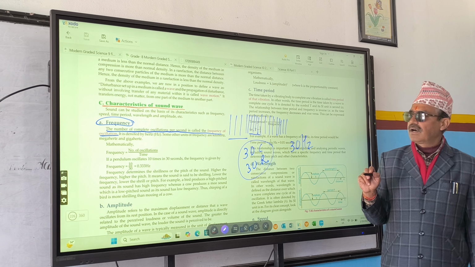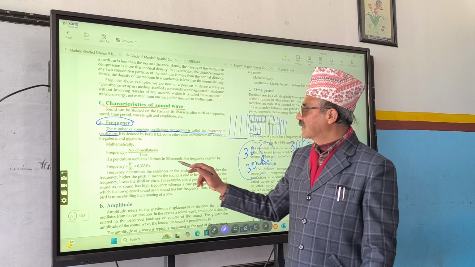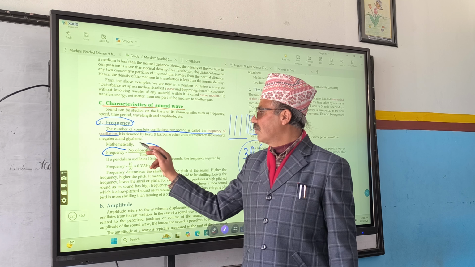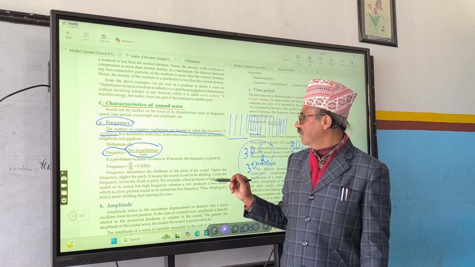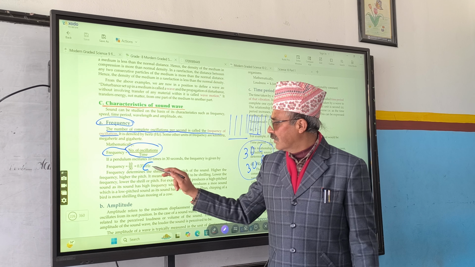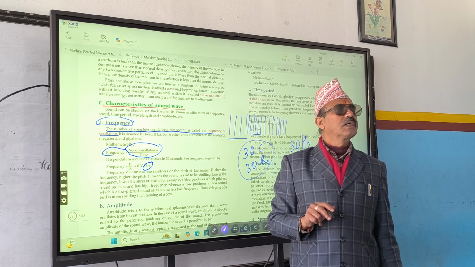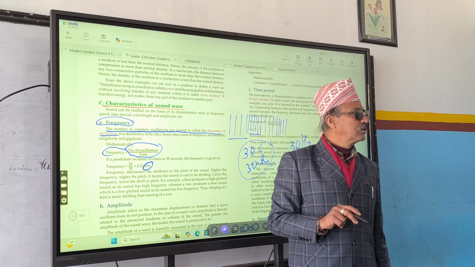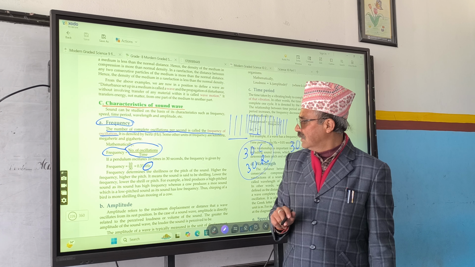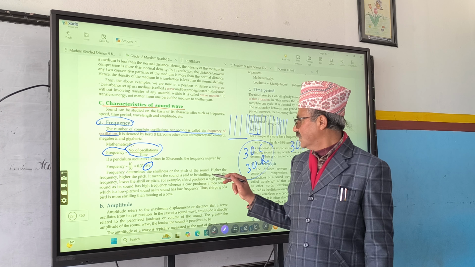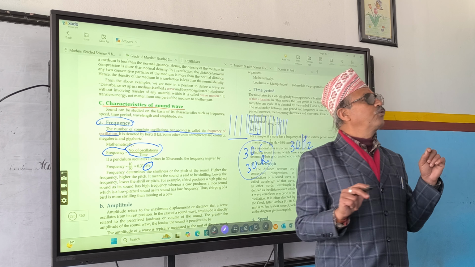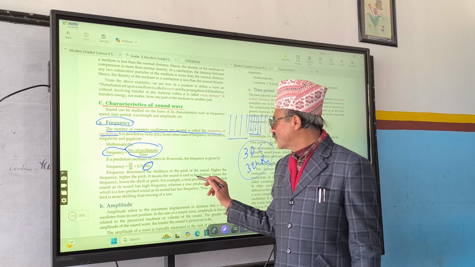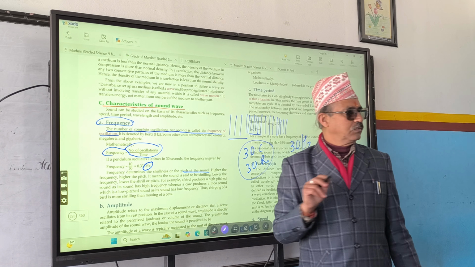So, frequency means number of oscillations divided by time. What is the SI unit? Hertz. H-E-R-T-Z. And according to frequency, we can determine pitch of sound.